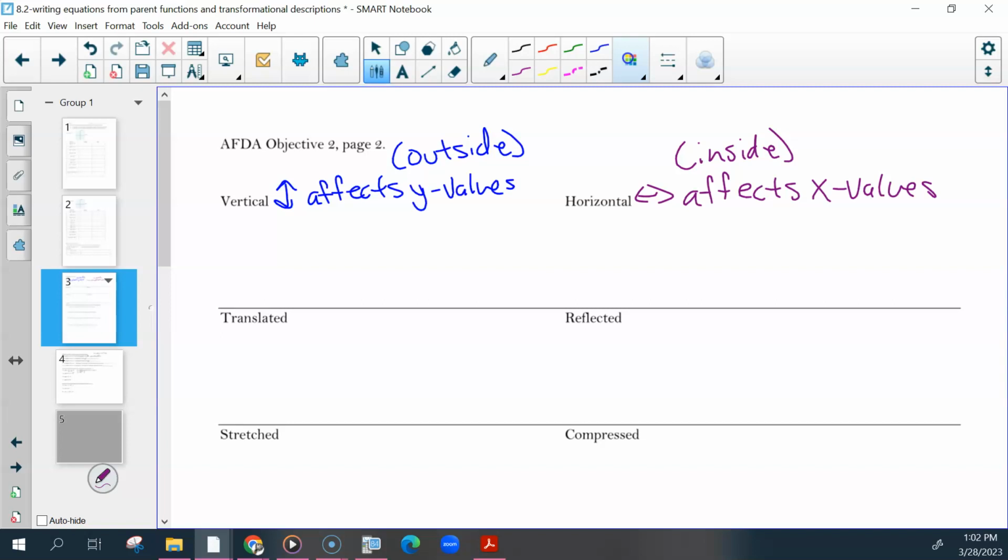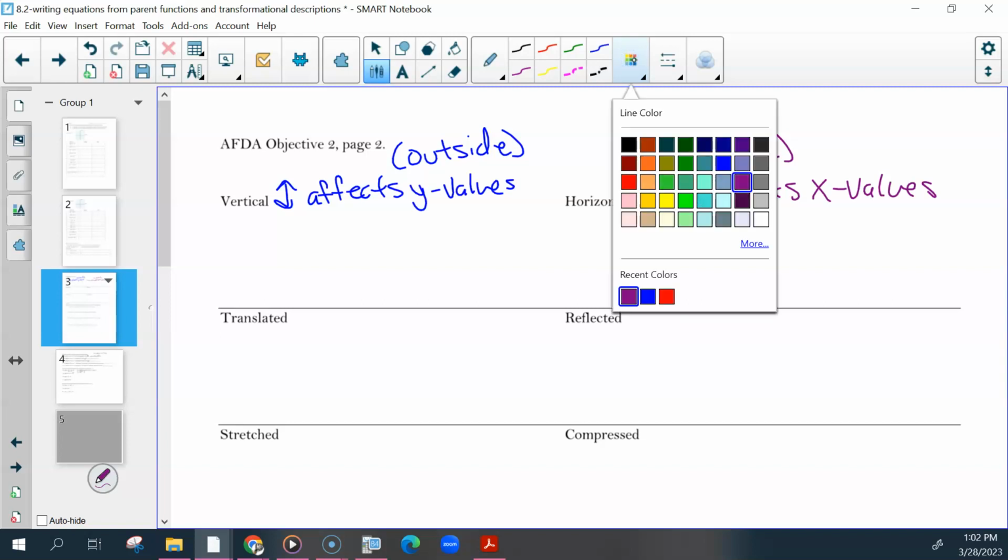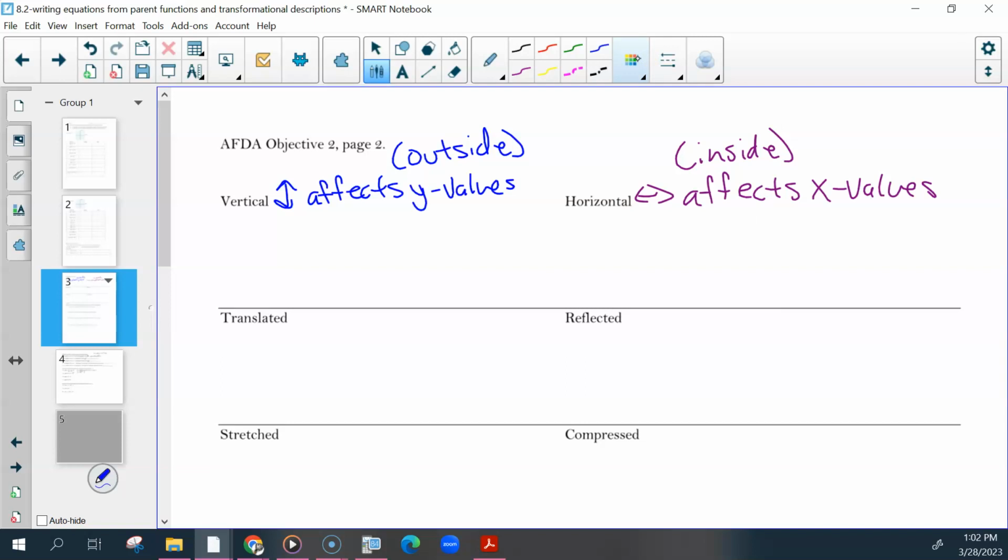Then we're going to go through all of the transformations we talked about and list them and what they did. So we had a vertical shift, and that moved up and down. A vertical reflection.